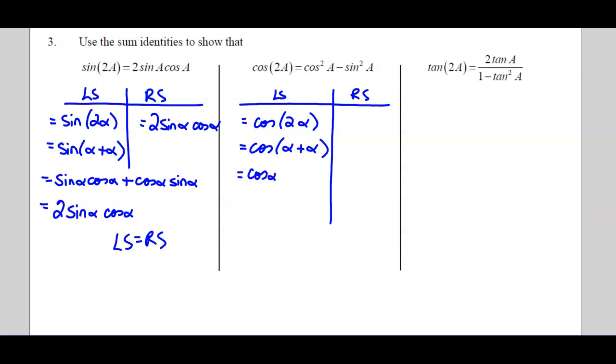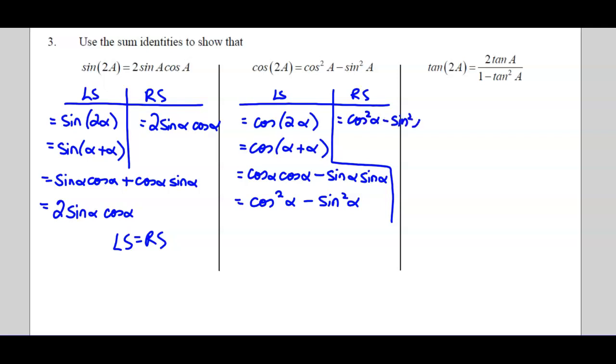So cos alpha cos alpha minus sine alpha sine alpha, which is the same as cos squared alpha minus sine squared alpha. Now that's one of the double angle identities for cos. There's more. We'll talk about that in question 4.